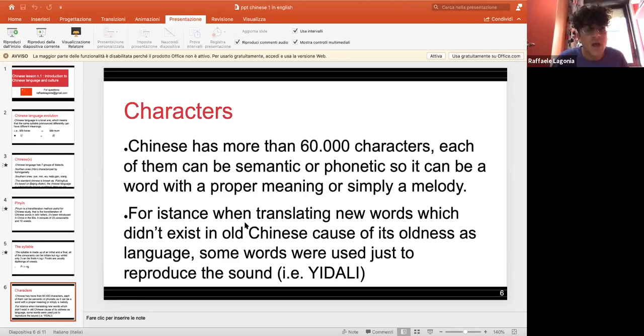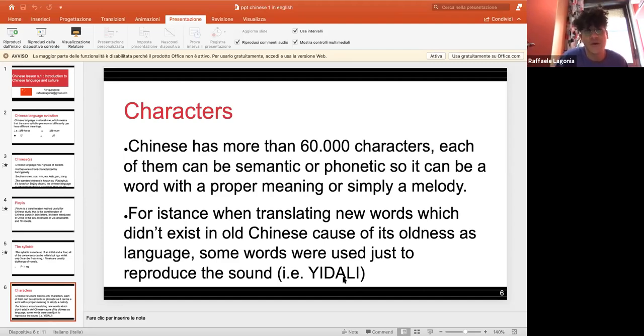For instance, when translating new words which didn't exist in Old Chinese because of its oldness as a language, some words were used just to reproduce the sound. For example, Yidali, that means Italy, it's a phonetic word which is taken from English.